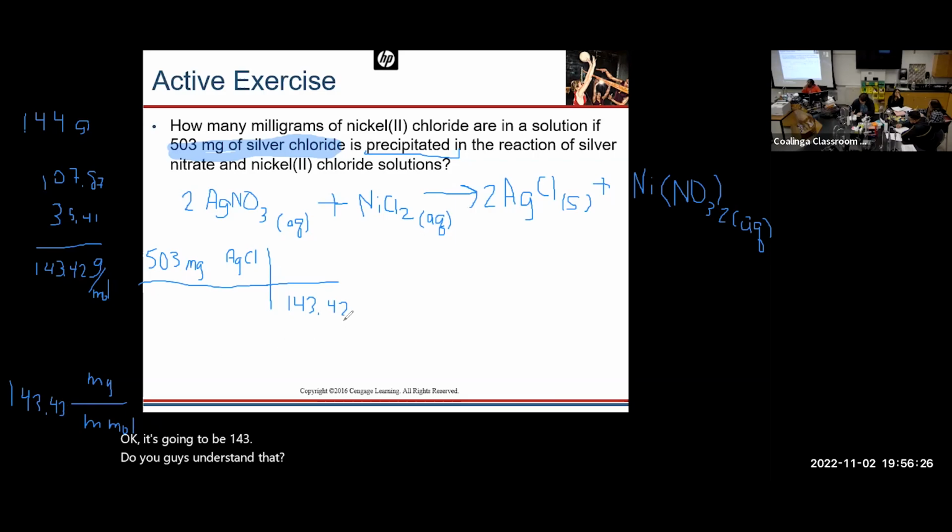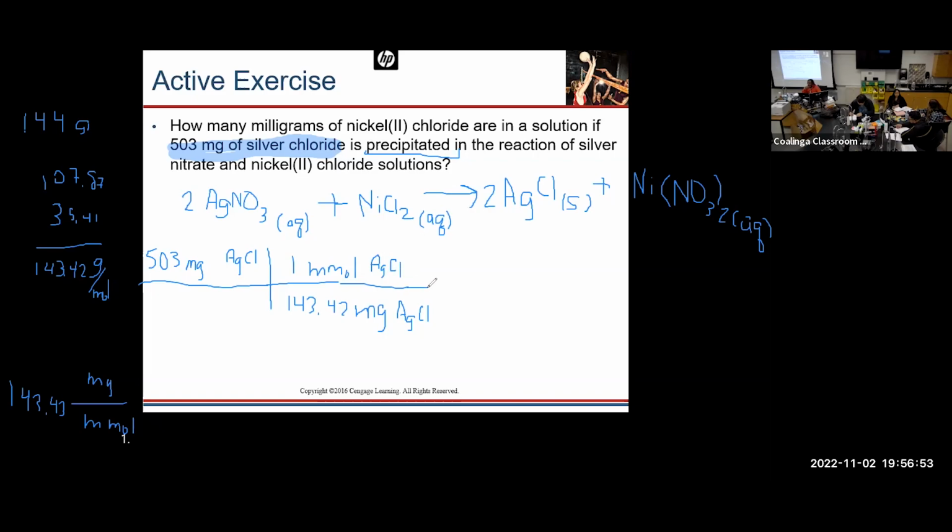Okay, so I can use 143 milligrams of silver chloride over 1 millimole of silver chloride.